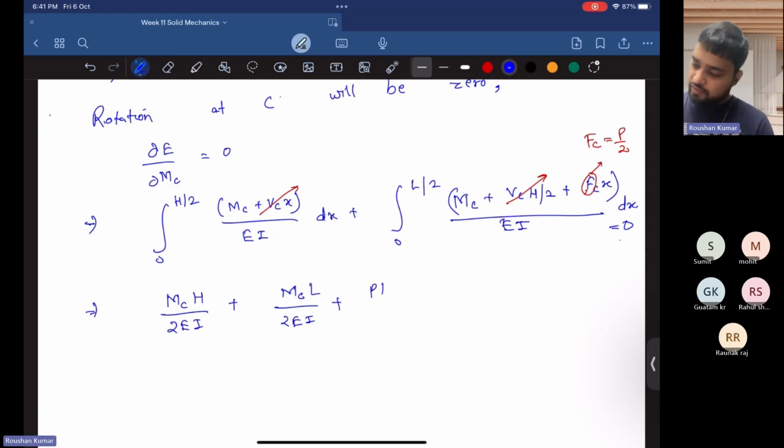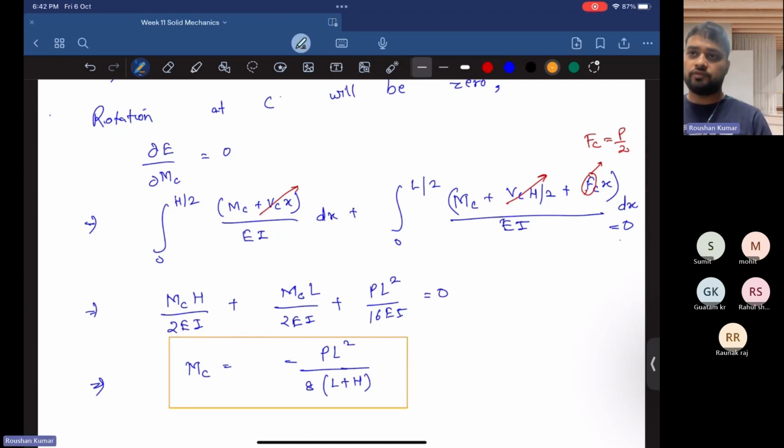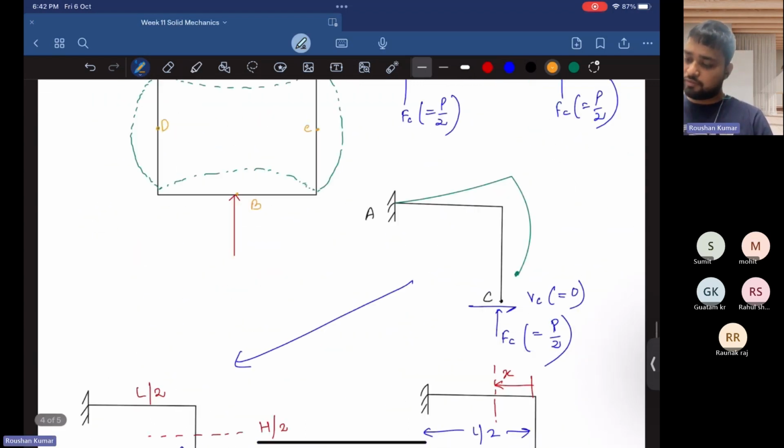So PL square upon 16 EI equals 0. From here we can find the value of Mc, which is minus PL square upon 8 (L plus h). So this is the value of the moment at C.